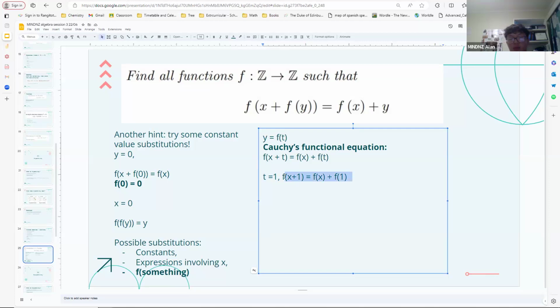So what algebra technique or problem-solving technique can we use on this expression? We can use something known as telescoping, or we could use something known as induction.